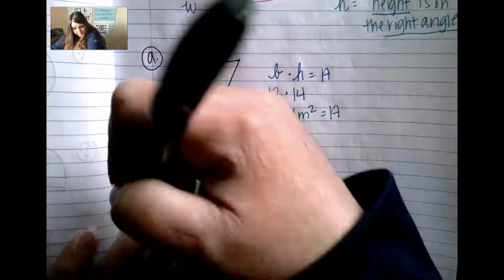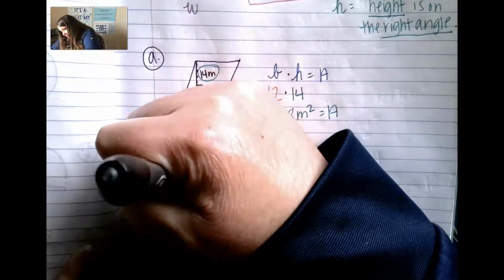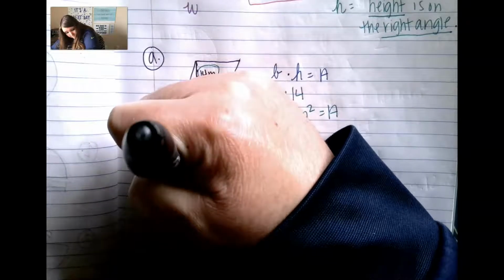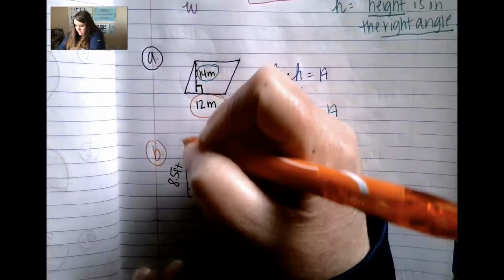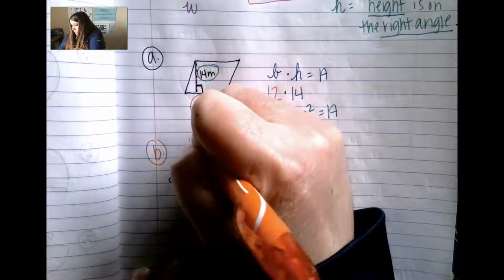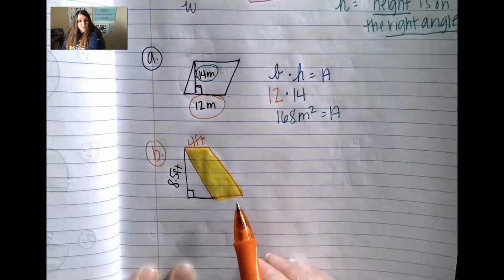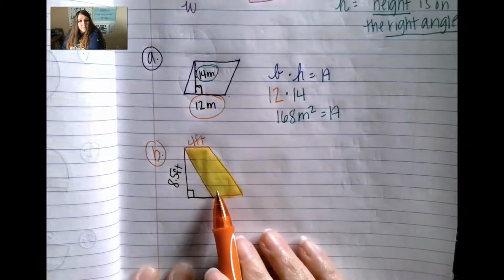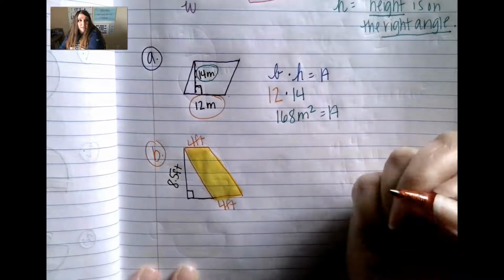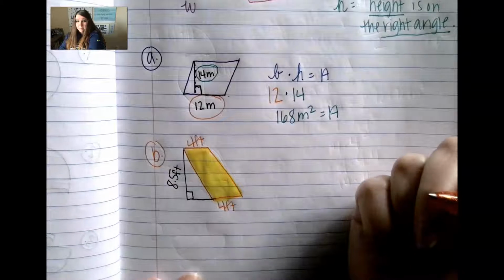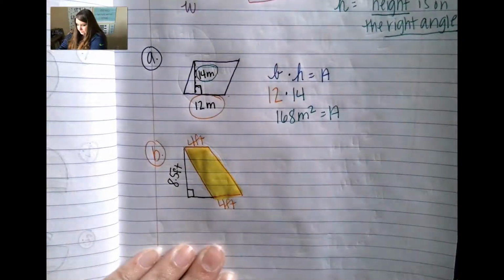Here it says that our height is 8.5 feet, and down on the bottom, it is 4 feet. I know it's 4 feet because the top is the same length as the bottom, even though it doesn't look like it in the picture. It is, I promise.